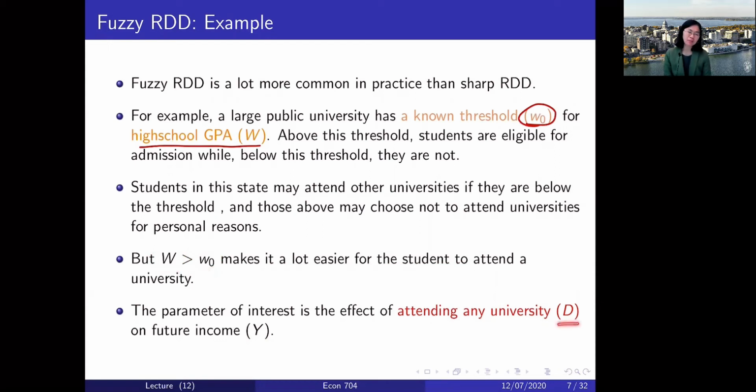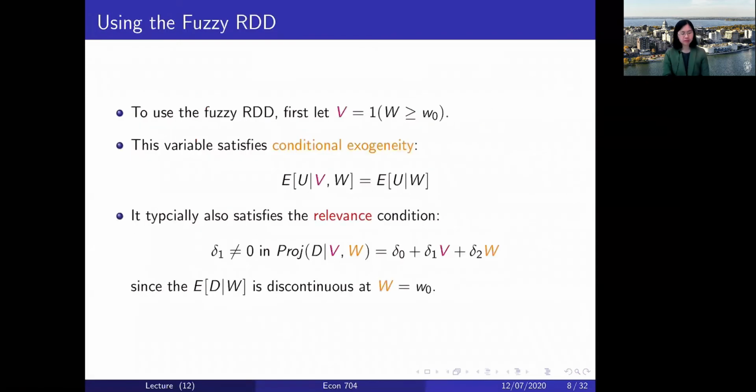However, it is not perfectly determined by that event. In order to use a fuzzy regression discontinuity design, let's define a variable V that equals the indicator that W crosses the threshold.